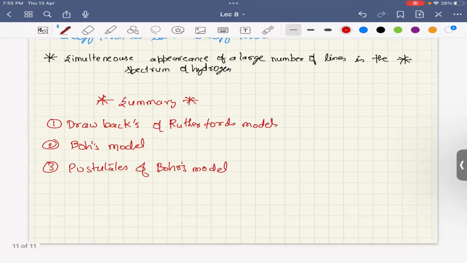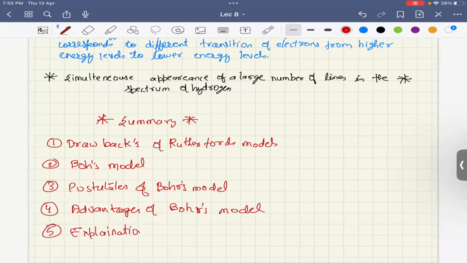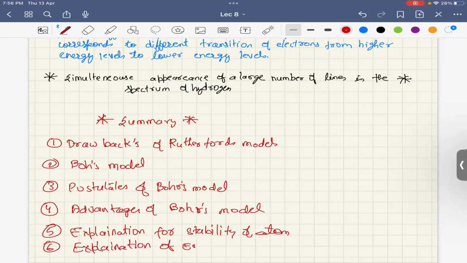Further we studied its advantages, how it could overcome the drawbacks of Rutherford's model, how it could explain the stability of the atom and the explanation of the emission spectra of the hydrogen atom.